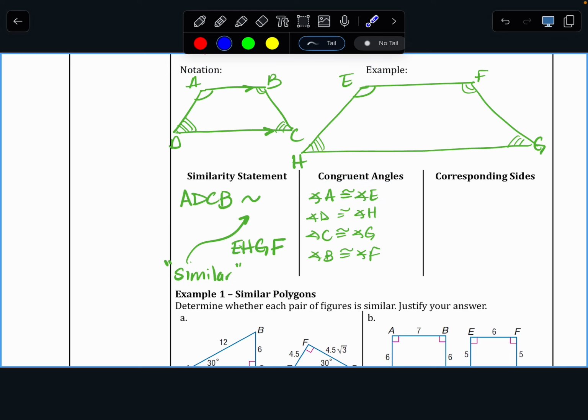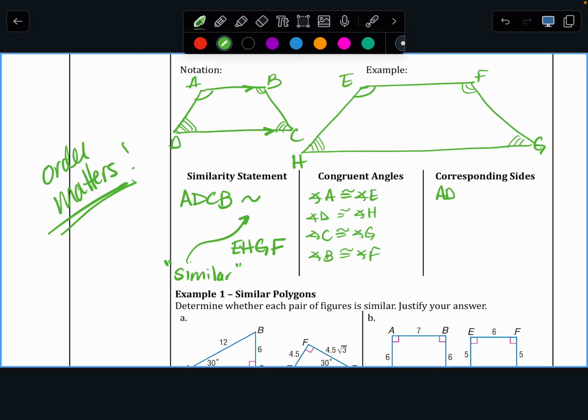So now we do corresponding sides. And again, order is the most important part about this. So if I call it AD, it needs to be EH. AD in that order and EH in that order.